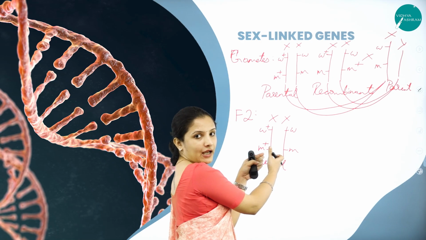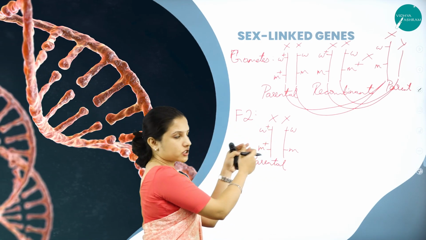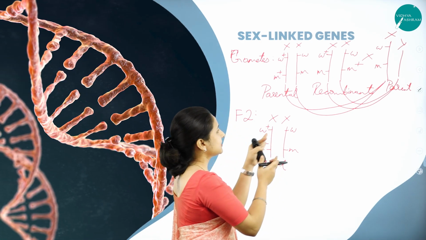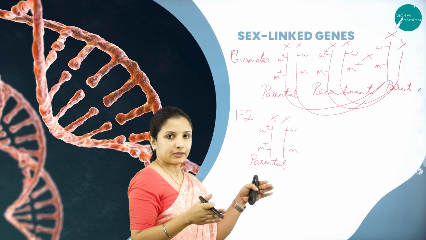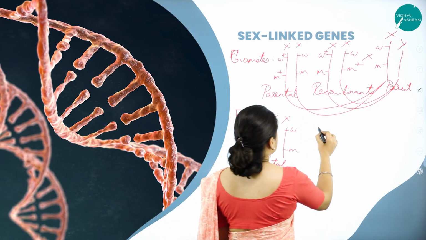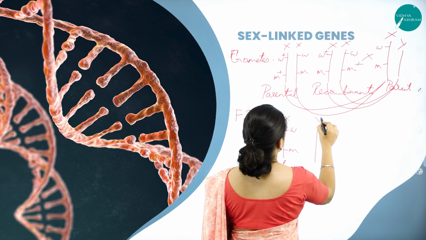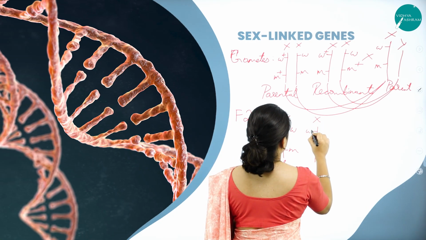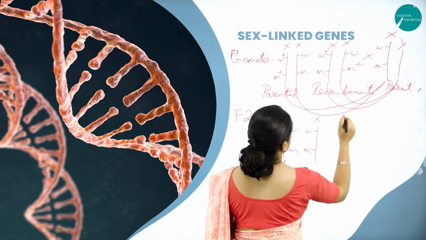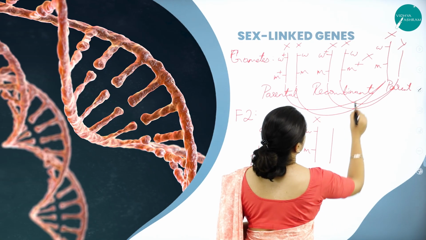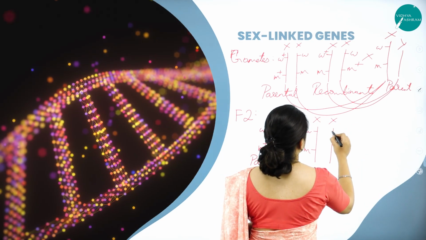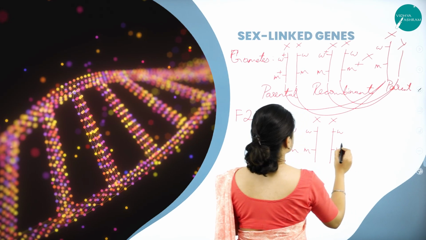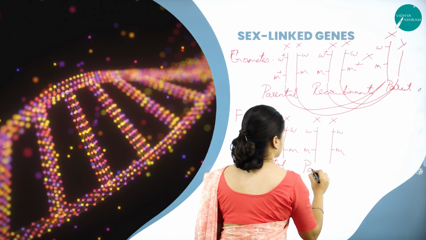The genes have been carried as such to the progeny, but only thing is they are located far apart from each other. Next, X, W, M, X, W, M. Again, this is also parental.